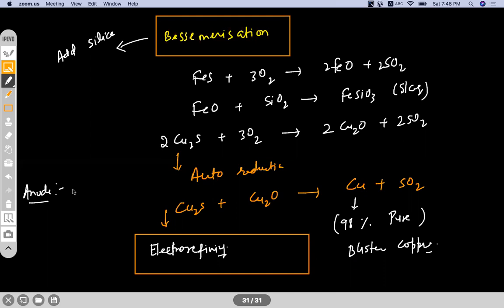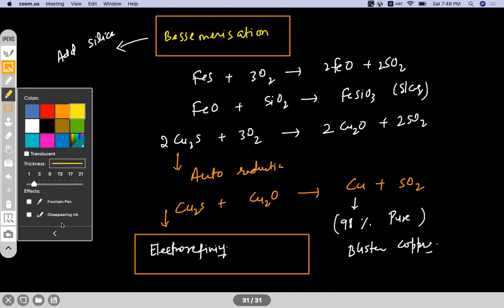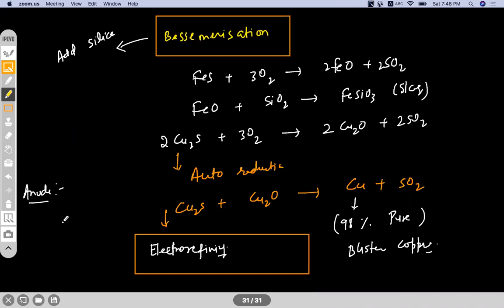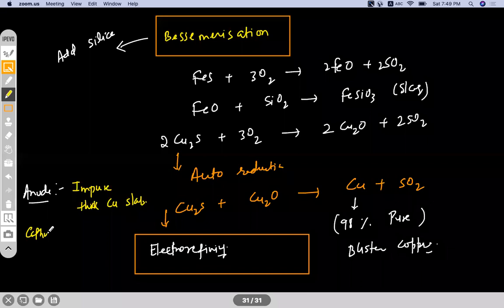Anode is the thick one, and it is impure, a thick copper slab, right? Cu slab. Cathode is a pure thin slab, right?